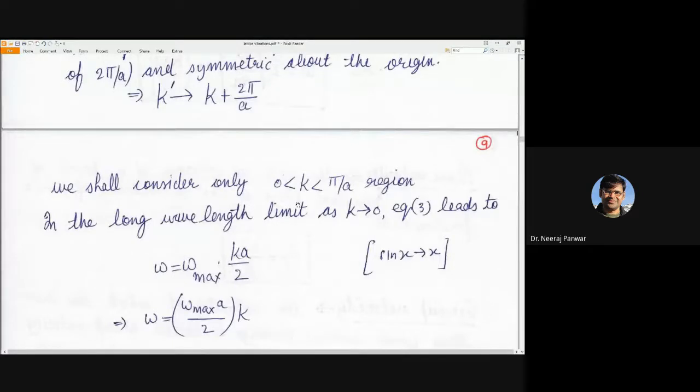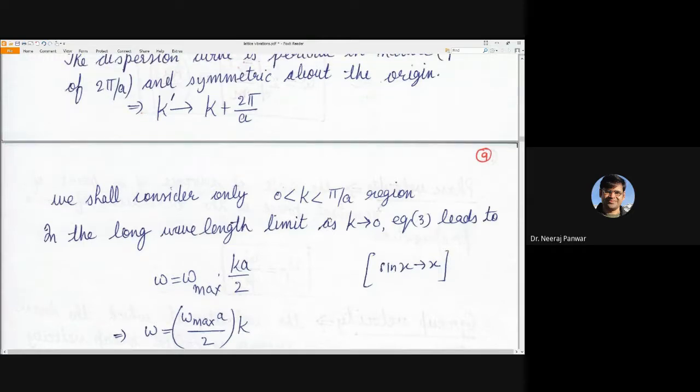So we consider only half of the first Brillouin zone, where the wave vector is between 0 and pi by a. In the long wavelength limit, the wavelength is very large, so the wave vector tends to 0. Under that condition, sine of ka by 2 becomes ka by 2, because sine x, when x is small, is equal to x.